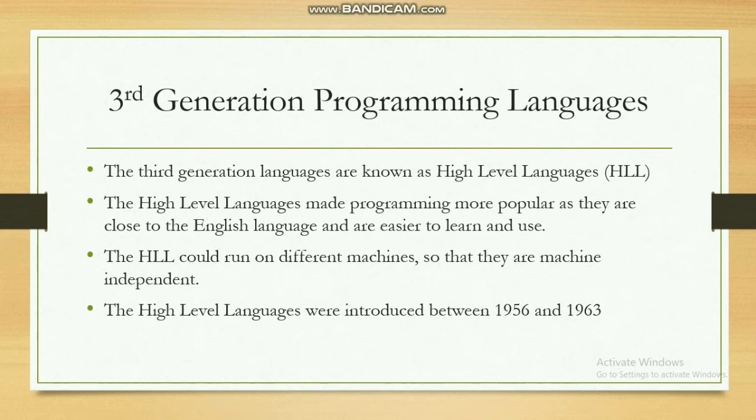So multiple devices could be easily synchronized with the operating system. Here the languages could be supported by any machine developed by any company. That was the development in the third generation, and the high-level languages were introduced between 1956 and 1963.